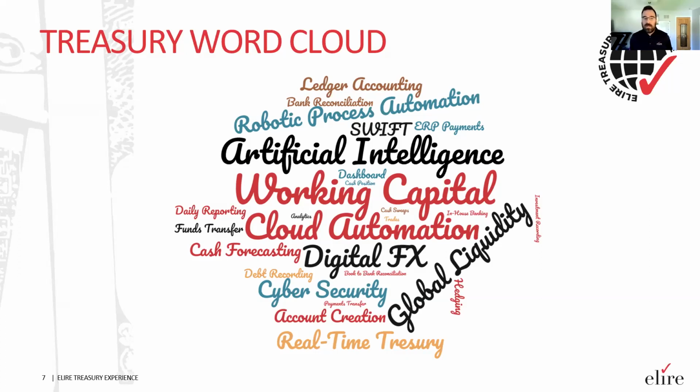These word clouds are a fun way to visualize all the interesting things we've discussed this week. But in reality, they also, at least for me, sometimes represent how chaotic things can get when you have all these different topics and buzzwords thrown at you. So I'm coming from a perspective of, if we have the right tools to build a treasury strategy, you can actually turn some of this chaos into order.